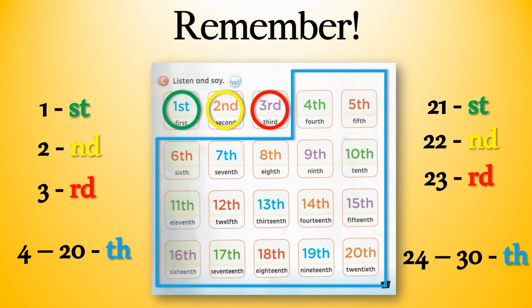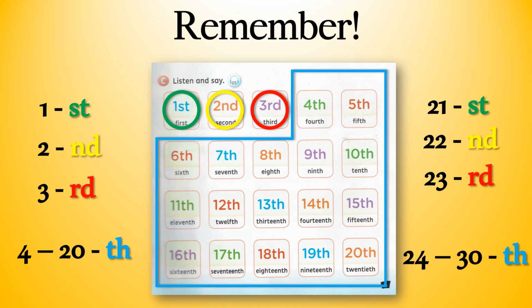And third, RD. After the third number, all of the next numbers are TH. Look at the square. They are TH.